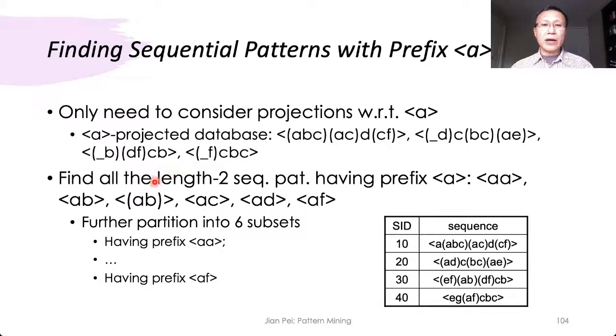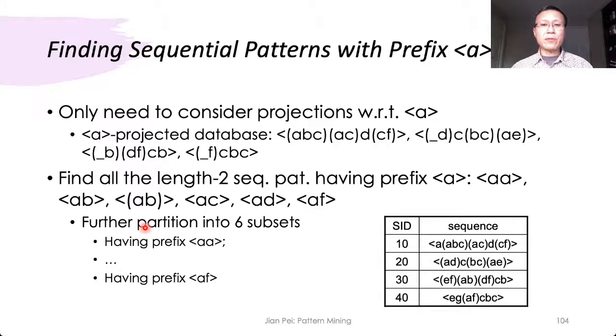Then we find the last 2 sequential patterns having this prefix A, and it can be found from finding the frequent items in these projected databases. So we have A, AA, AB, (AB) together, AC, AD, and AF.